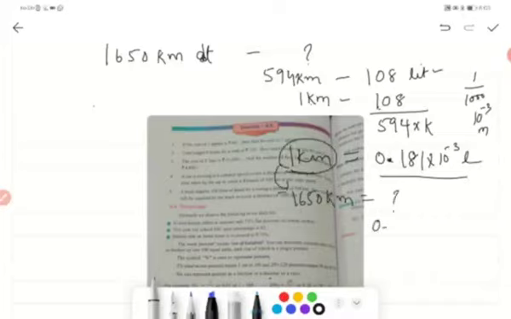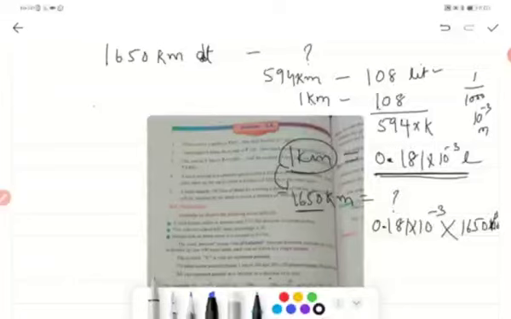I will write 1 kilometer petrol, it is 0.181 into 10 raised to minus 3, into 1650 kilometers. If I take kilo as 10 raised to 3, this gets cancelled, so I am left with 0.181 into 1650.